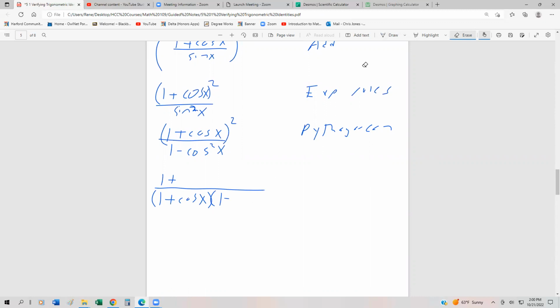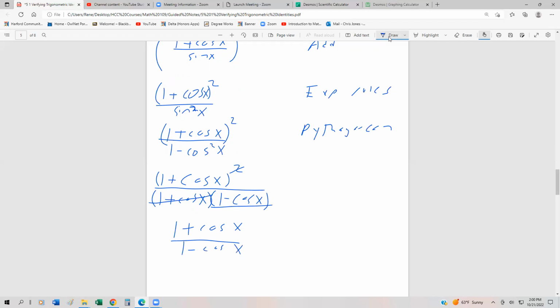And then finally, what we notice is that the numerator and denominator share a common factor. I want you to notice that there's a 1 plus cos x and a (1 plus cos x) squared in the numerator. So those would cancel out. And so we are left with (1 plus cos x) divided by (1 minus cos x).